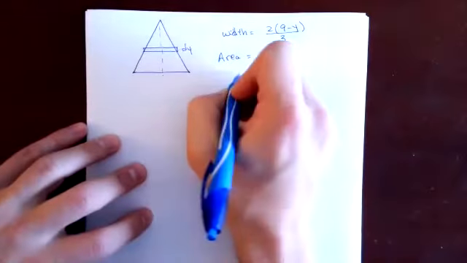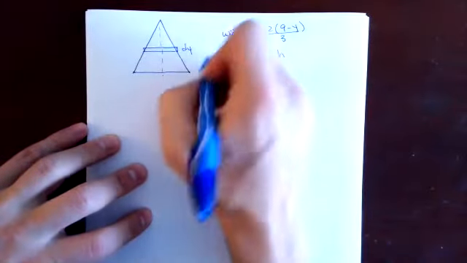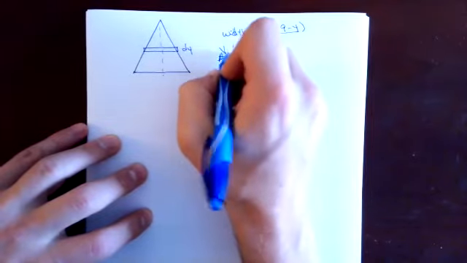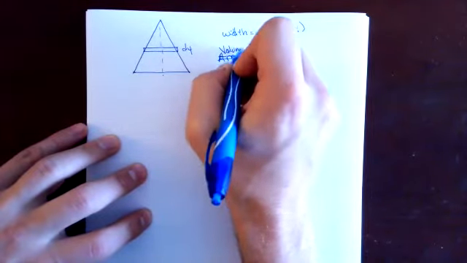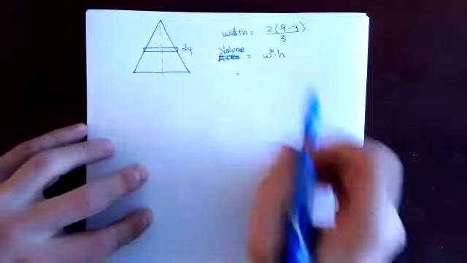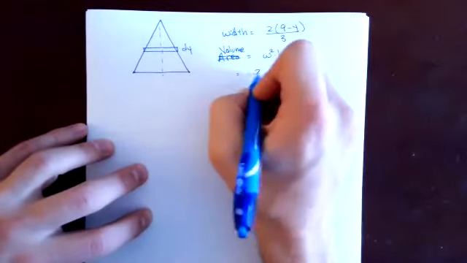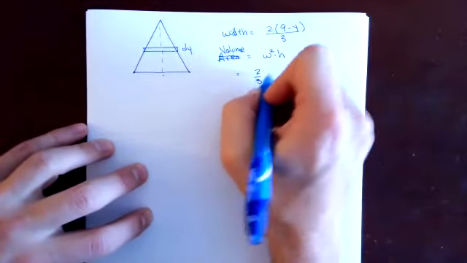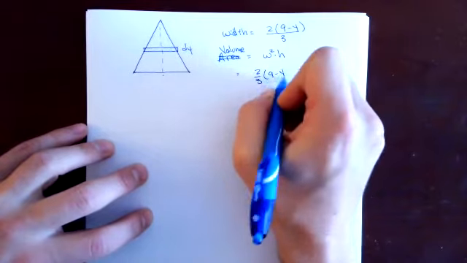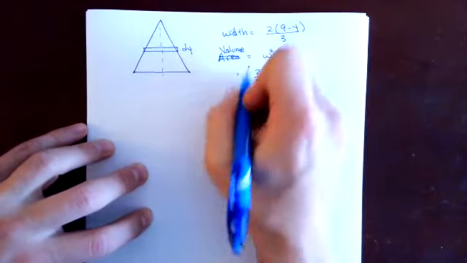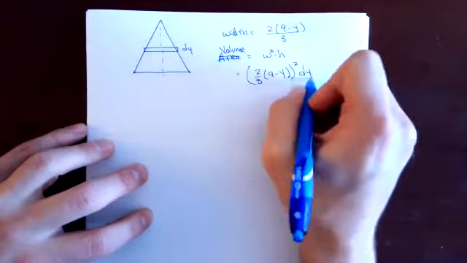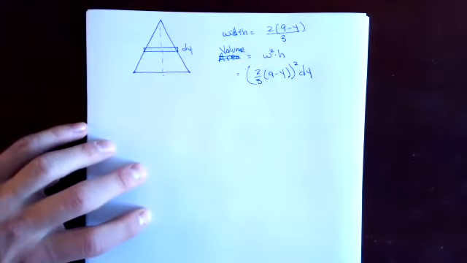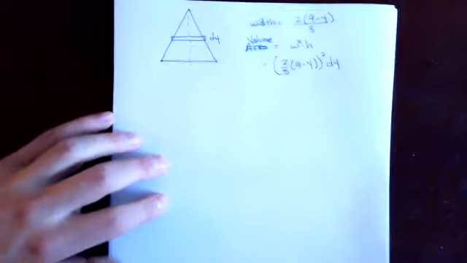So all in all, what do we get for the area? Actually, I guess I should call this volume, since I'm including the third dimension, the dy. It'll be 2/3 9 minus y, all of that squared, times dy. And now all we got to do is integrate all that.